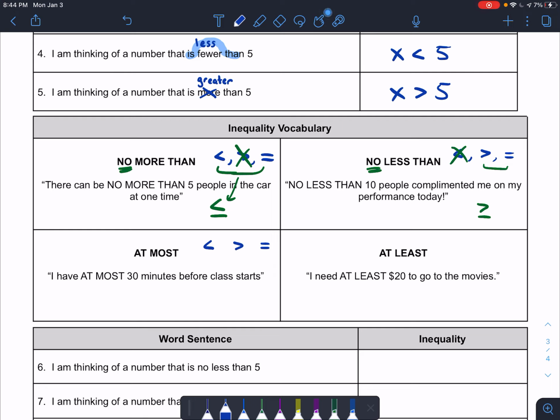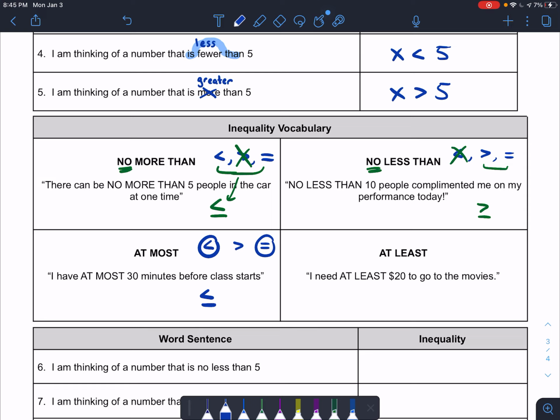If it says I have at most 30 minutes before class starts, well, that means it can be exactly 30. But if it's at most, that means it cannot be more than that. At most means that value or less than. And so I know that my two inequality symbols that I have to put together are less than or equal to for at most.